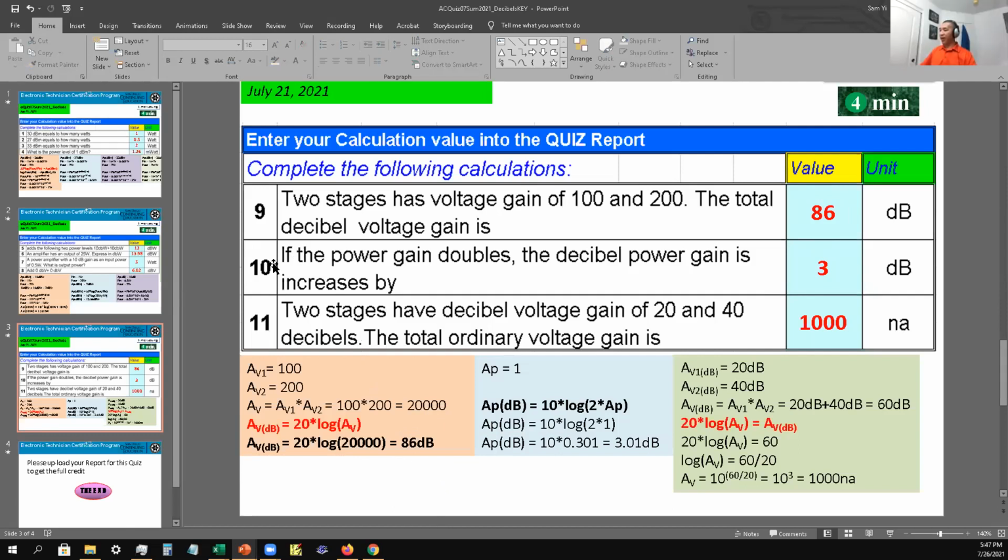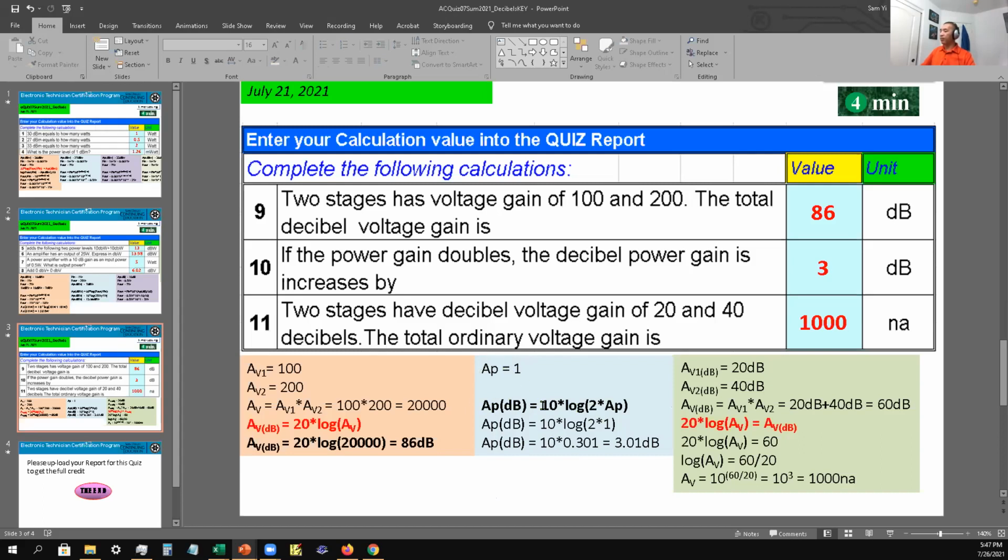Okay, so number 9 is about the power gain. If the power gain doubles, the decibel power gain is increased by how much? When you have regular gain, that's a gain of 1. Now we're going to double that when we do the calculation.